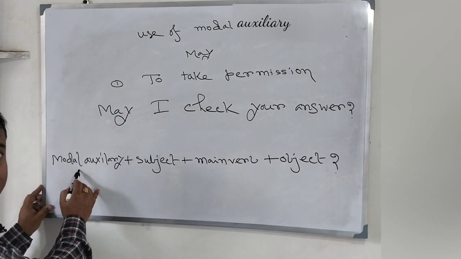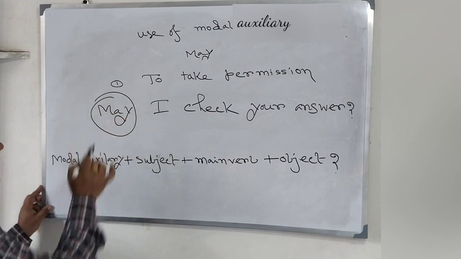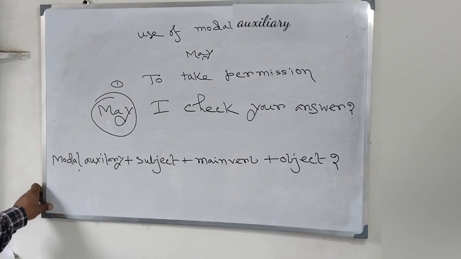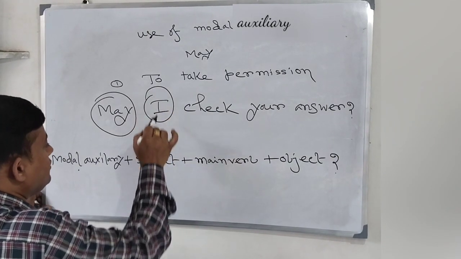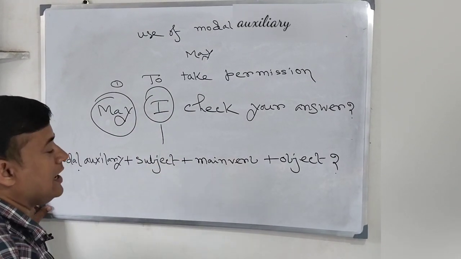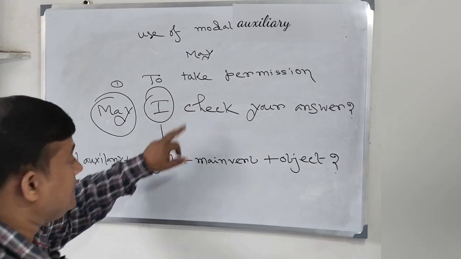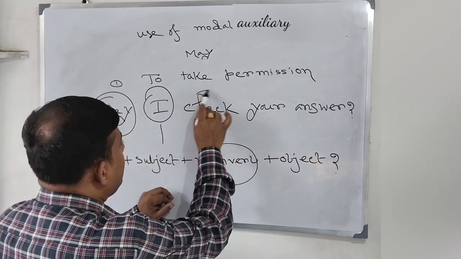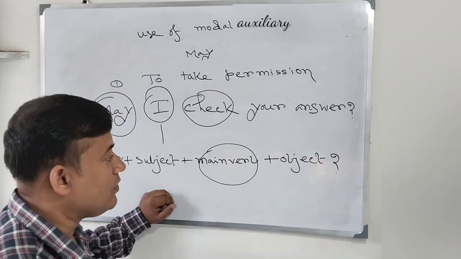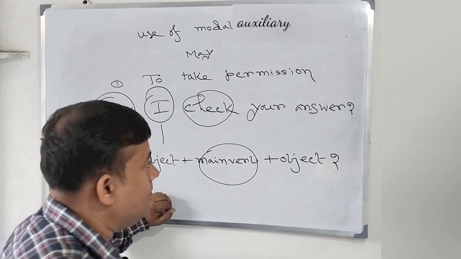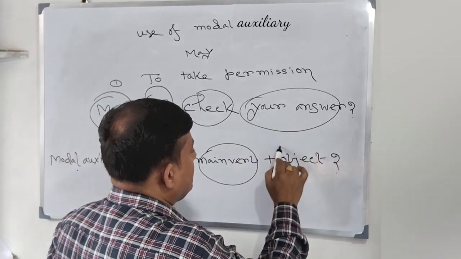The modal auxiliary will be placed at the beginning of the sentence. I have placed the modal auxiliary at the beginning. Then the subject will come. After that the main verb will come. As a main verb I have placed check. Then the object will come. Your answer is the object.